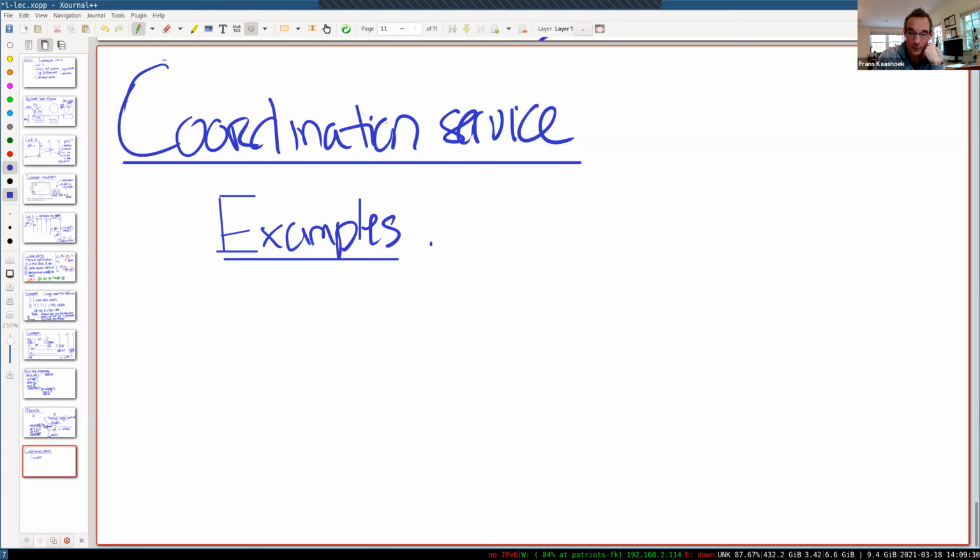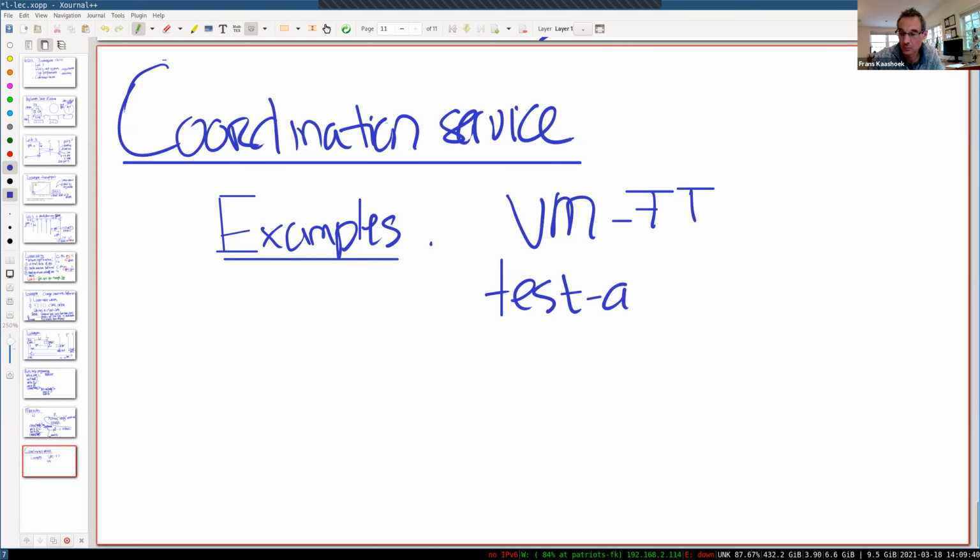One good example is the virtual machine fault tolerance paper that we read a little while ago, which had this test and set operation. The goal of the test and set operation was basically to make sure that there's no split brain, because two clients would run, and one would win the test and set and the other one wouldn't. As a result, the one who won could conclude that it's going to be the primary. That is an example of a feature that a coordination service should be able to provide.